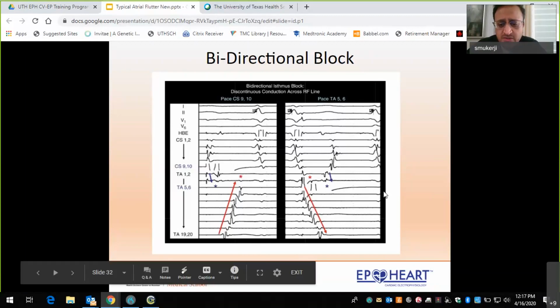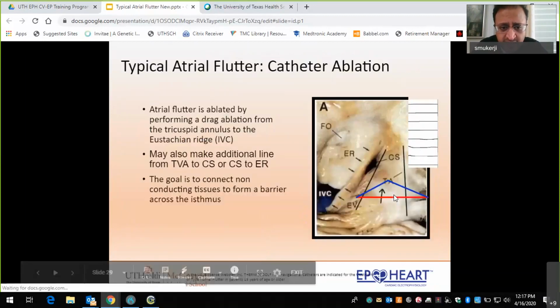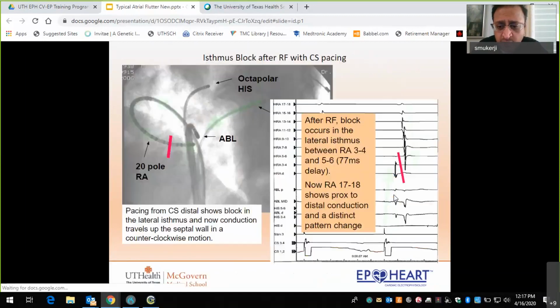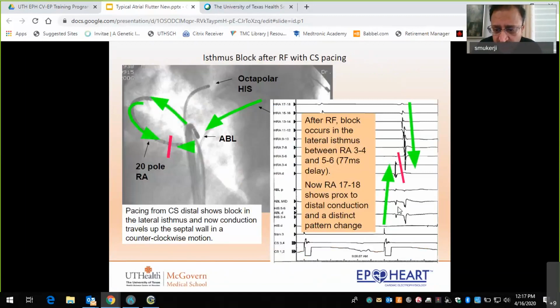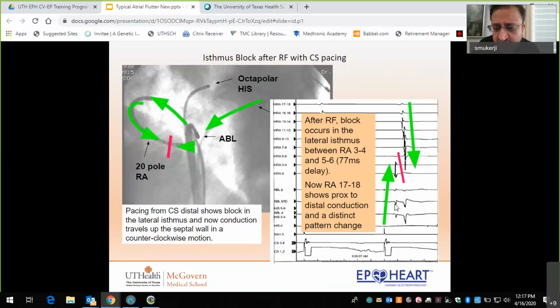So also the other thing we look for when we're ablating is something known as double potentials. If you look here, just imagine these signals to be on the ablator. This is what I call a double potential on the ablator when it's on the line of ablation.